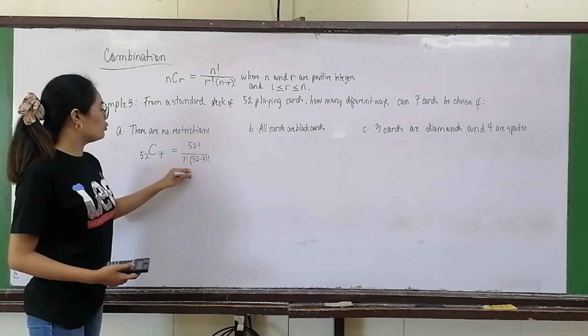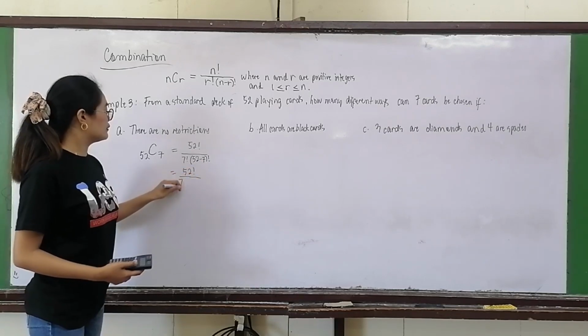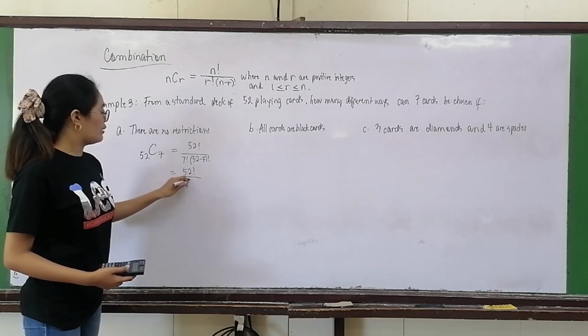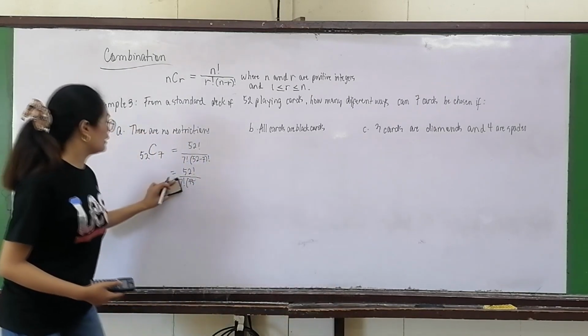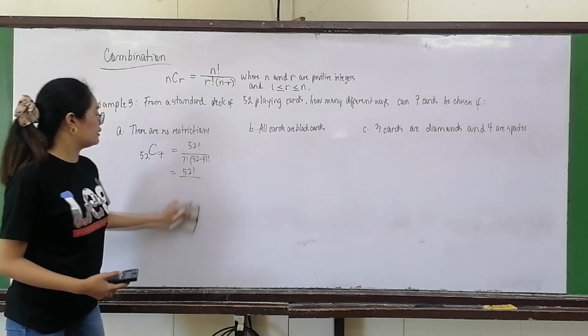We have 52 factorial over 7 factorial times 45 factorial.